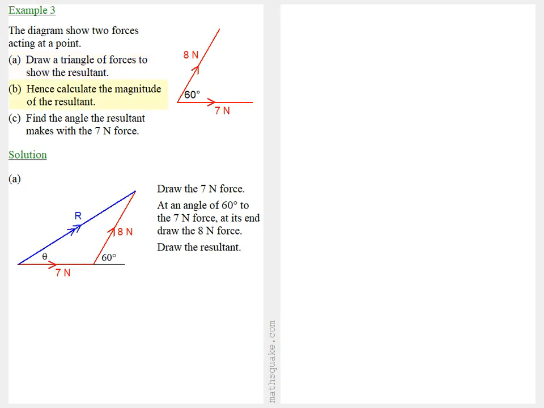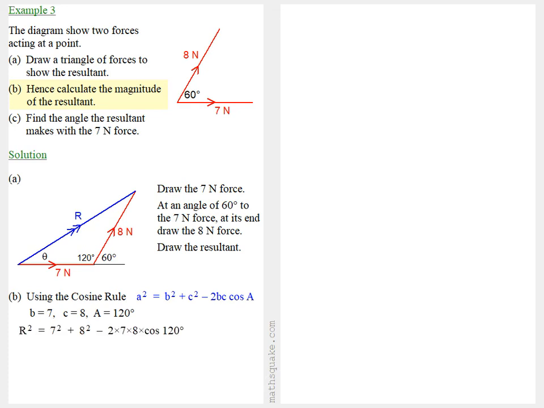And then in part B we're told, hence calculate the magnitude of the resultant. Now we can do this using the cosine rule. The cosine rule states a squared equals b squared plus c squared minus 2bc cos A. And we're given b is equal to 7, c is equal to 8, and A is 120 degrees.